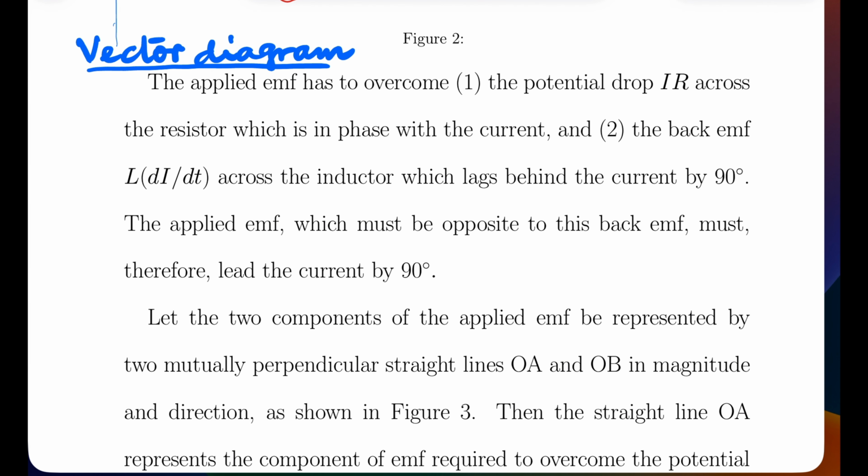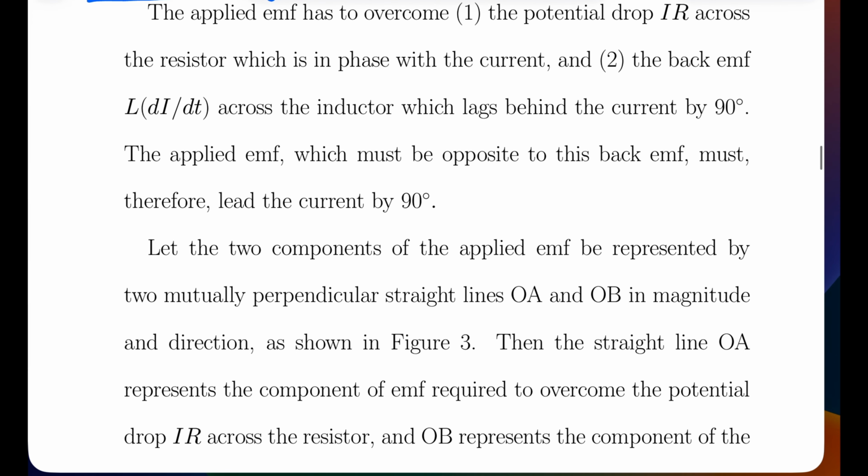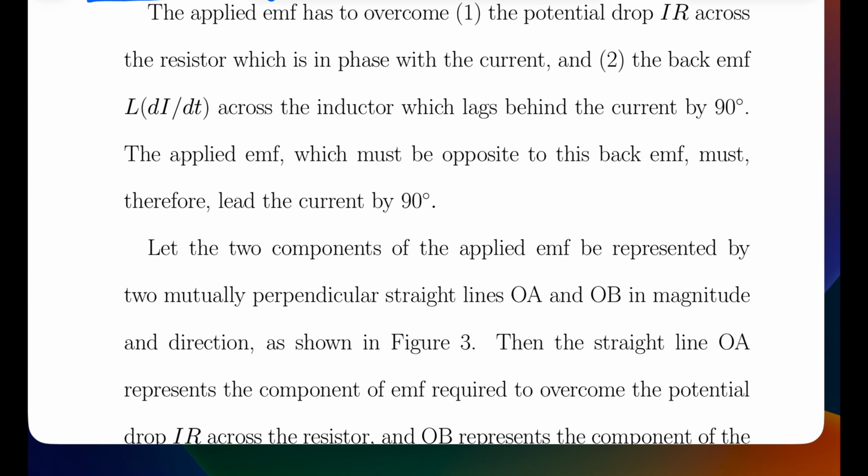So the applied EMF has first to overcome the potential drop IR across the resistor which is in phase with the current. And second, it has to overcome the back EMF L dI upon dt across the inductor which lags behind the current by 90 degree. And therefore, the applied EMF which must be opposite to this back EMF must therefore lead the current by 90 degree.